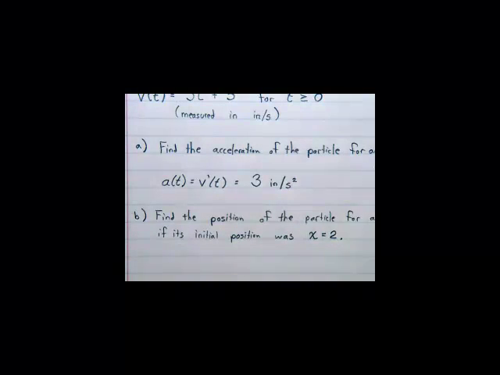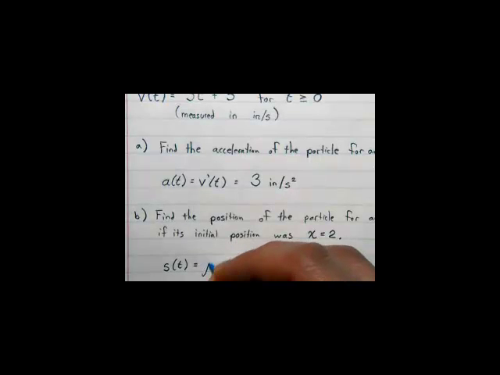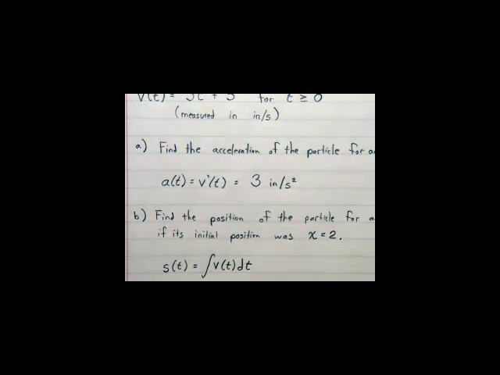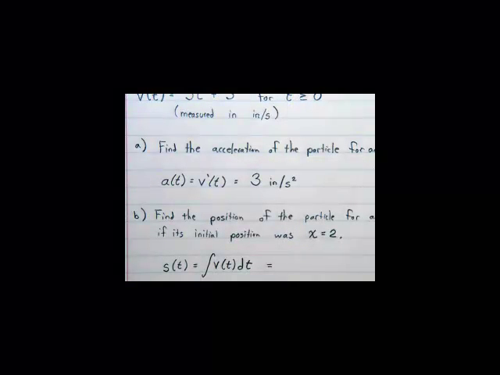So s of t is found by doing the integral of v of t, or the antiderivative. Go back to your velocity equation up at the top. What is the antiderivative of 3t plus 5?